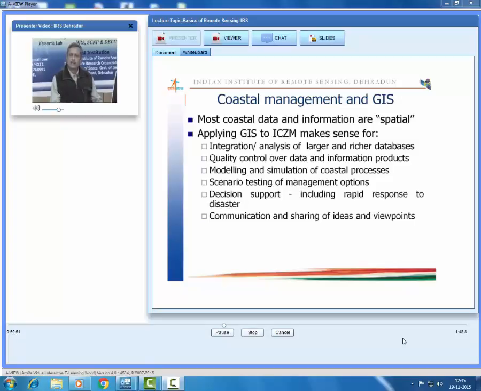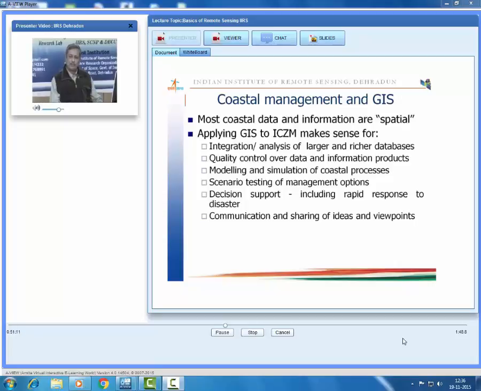Applying GIS to integrated coastal zone management makes sense for the integration and analysis of a rich database. As we have discussed earlier, the databases for coastal zone management are huge and come from various disciplines. So GIS is the only platform where you can integrate all the datasets in a sensible manner.